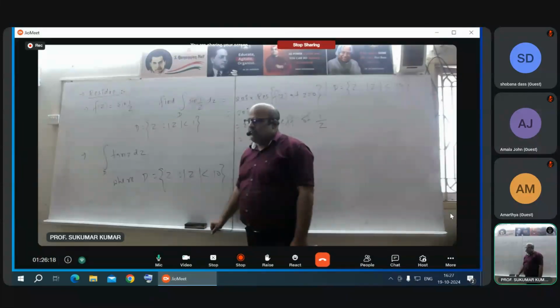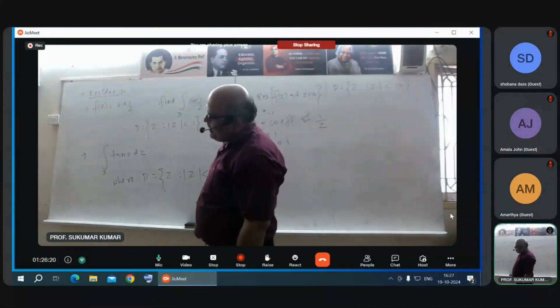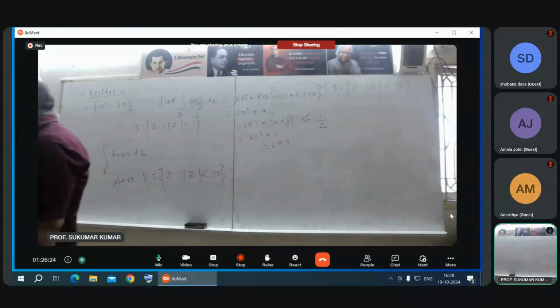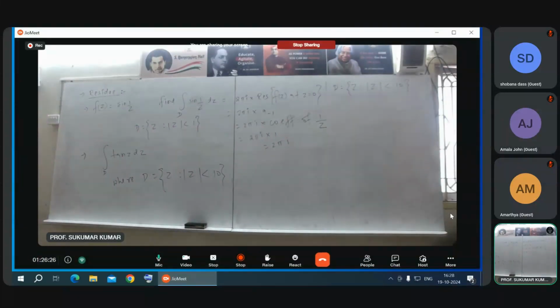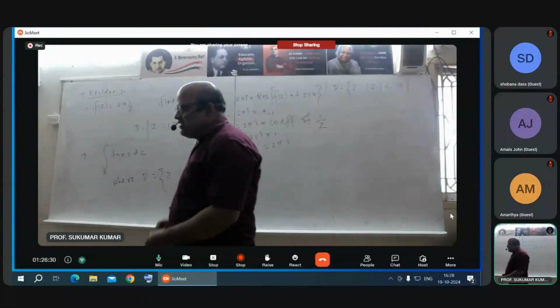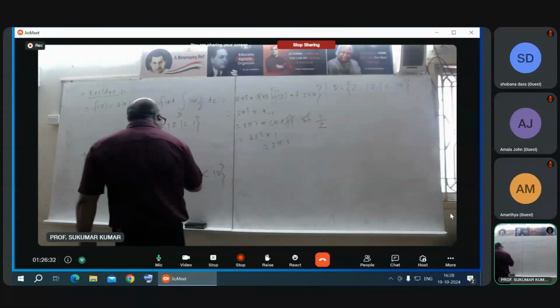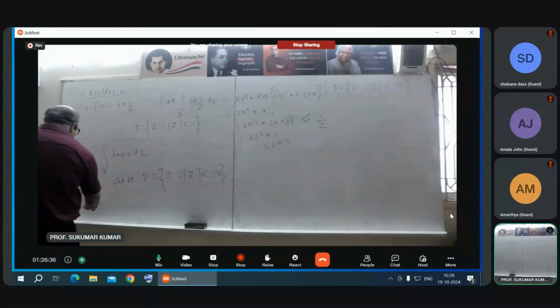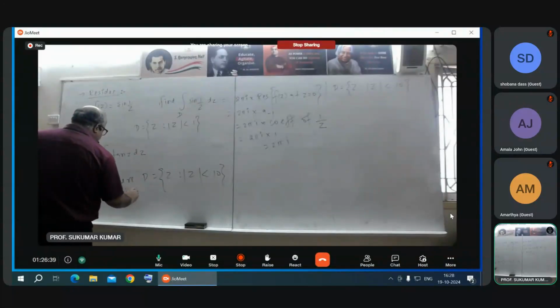How? This is an analytic function. Sin z by cos z, how is this analytic? This function, you see, integration of sin z by cos z function, no?